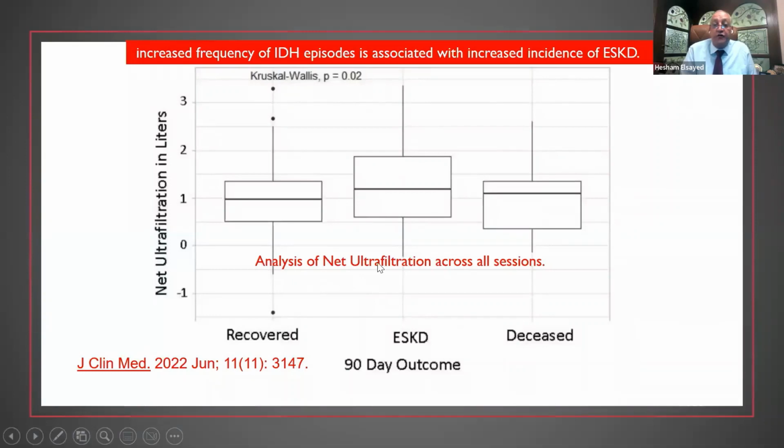The analysis of net ultrafiltration has what's called a J-shape. You can compensate between hypervolemia and hypovolemia. If you have a higher ultrafiltration rate, the recovery of acute kidney injury will be delayed and may progress to end-stage kidney disease.